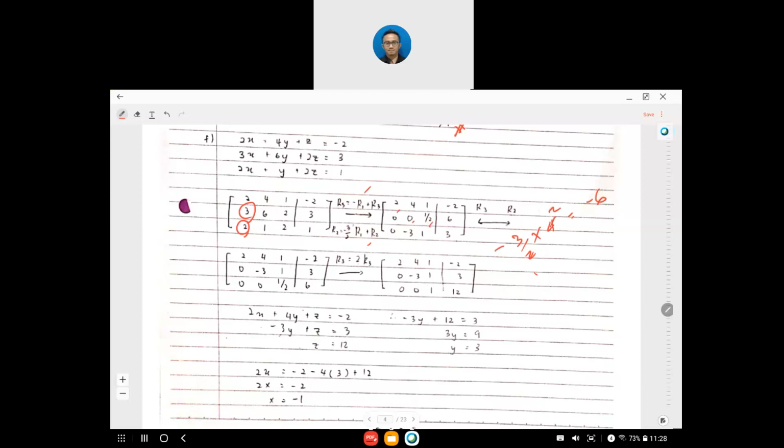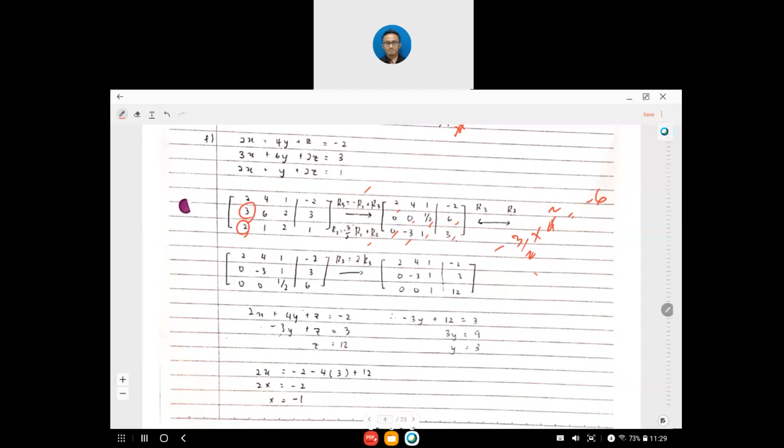And then the second one is negative 3 over 2 times negative 2, plus 3. So you can get 6. Next, you want to change row 3. Row 3, negative row 1 plus row 3, you can get 0. Negative 4 plus 1, negative 3. Negative 1 plus 2, 1. 2 plus 1 equals 3.